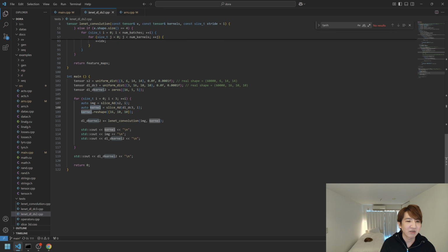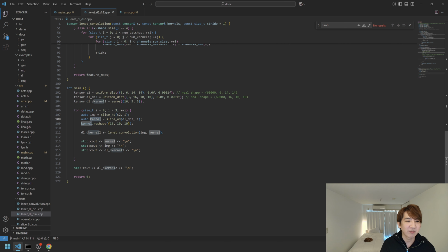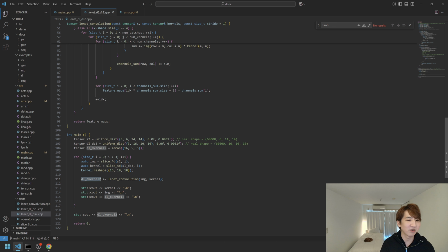Because I have to compute convolution using a single batch from each DODC3 and S2, and you pass them into convolution and you sum the results. So essentially I compute 60,000 convolutions and sum them up, and that would be the DOD kernel 2.